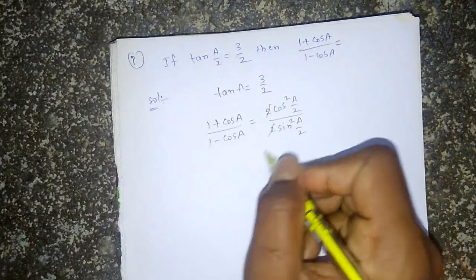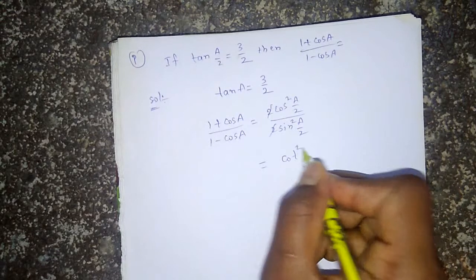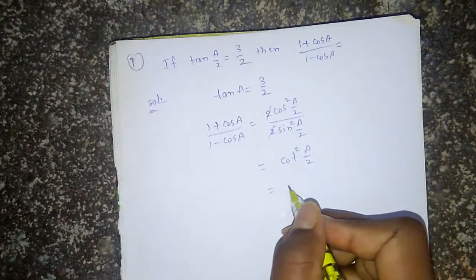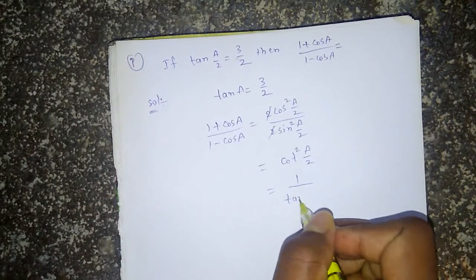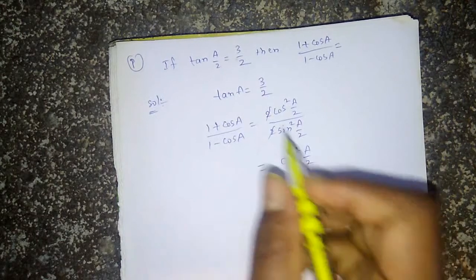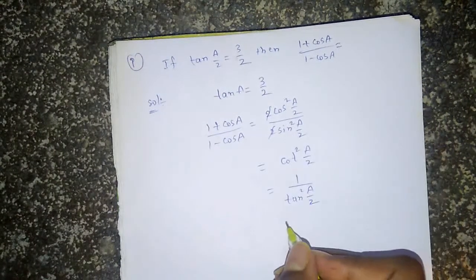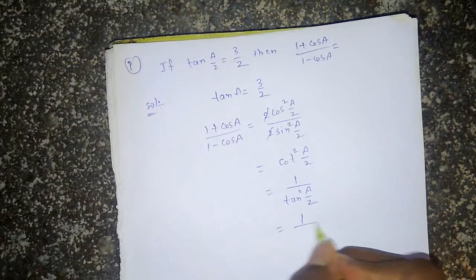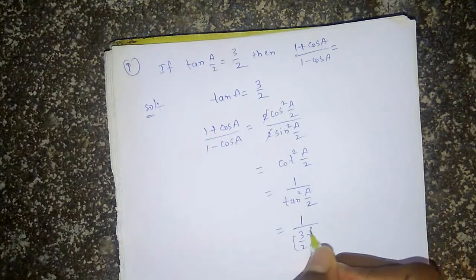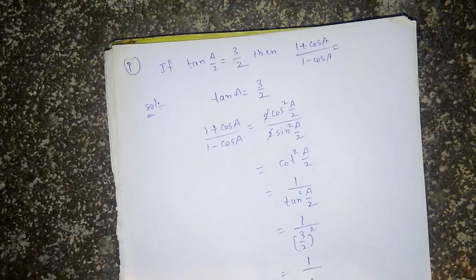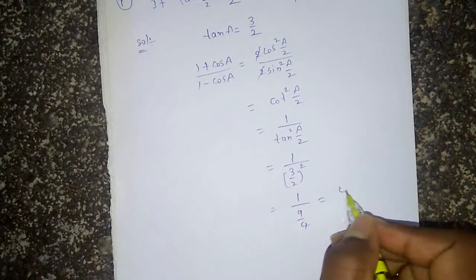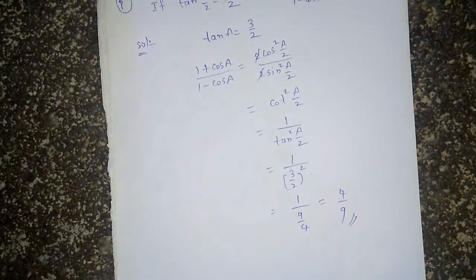Here 2 gets cancelled. This is cos square by sin square is cot square a by 2. So cot square a by 2 can also be written as 1 by tan square a by 2. Now tan a by 2 is given as 3 by 2. So 1 by tan square a by 2 means 1 by 3 by 2 whole square, that is 1 by 9 by 4. Here 4 goes to the top, that is equal to 4 by 9, that is the required value.